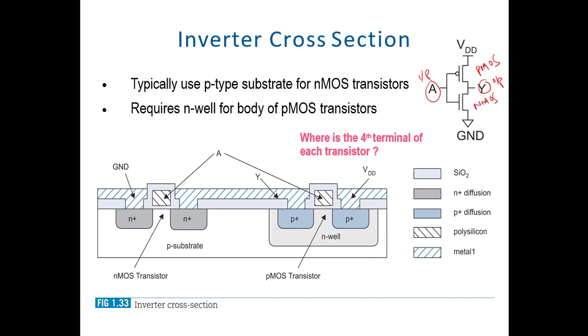For example, this is your source, this is drain, this is source. The sources are connected to VCC and ground. So this is the CMOS inverter, and on this side you see the whole layout.